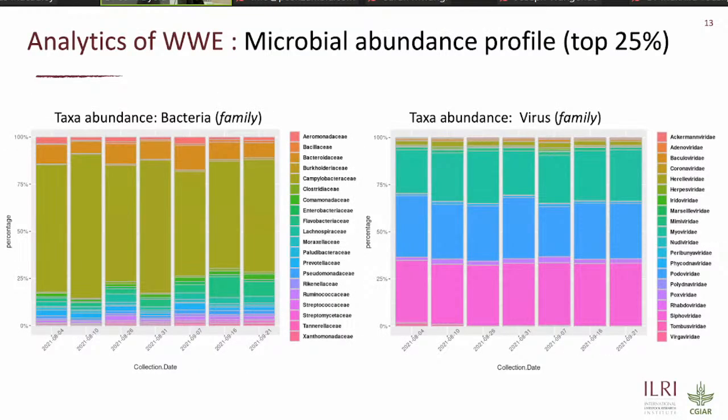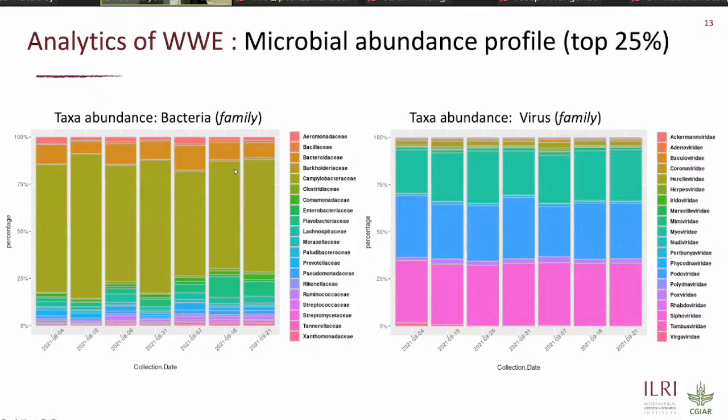But when we focus on the bigger picture and expand this to other pathogens and the entire microbiome, I can show you here a presentation of some of the analysis that we are beginning to do, where we are profiling the microbial abundance of the wastewater sample.